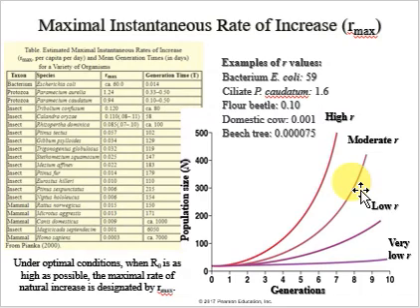And again, the components that are influencing or contributing to this R max value are the instantaneous birth rate per head, so B, as well as the instantaneous death rate per head or per individual, D, under those predicted optimal environmental conditions, right?